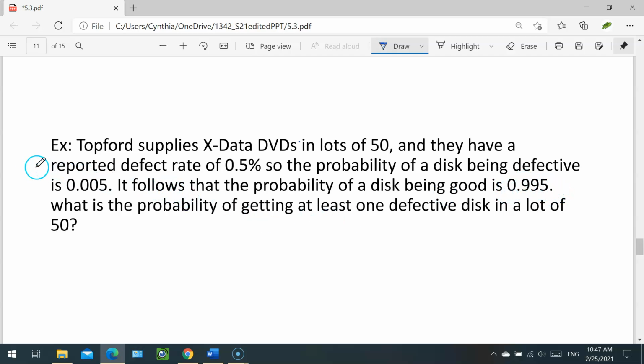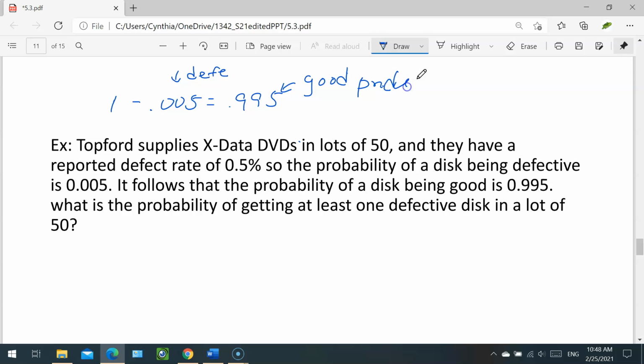When I use 1 minus 0.005, you get 0.995. So 0.005 is the defective rate. That means 0.995 is none, is good. In other words, it's a good product. So the good product rate would be 0.995.